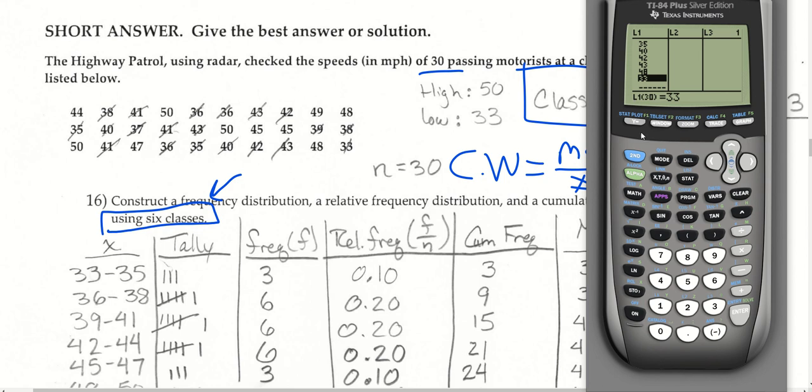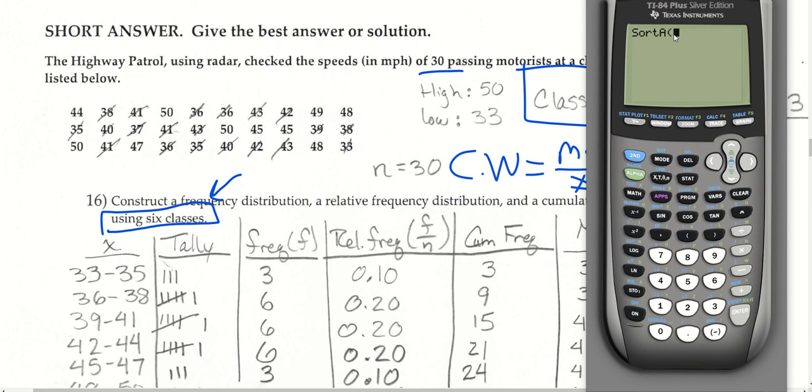Now, to help us organize this, I'm going to go ahead and do a sort. To do a sort, you hit stat, and instead of hitting edit, I want to do a sort ascending. This will go from smallest to largest, so I hit sort A. Now the next thing we need to do is get our L1 list in there.